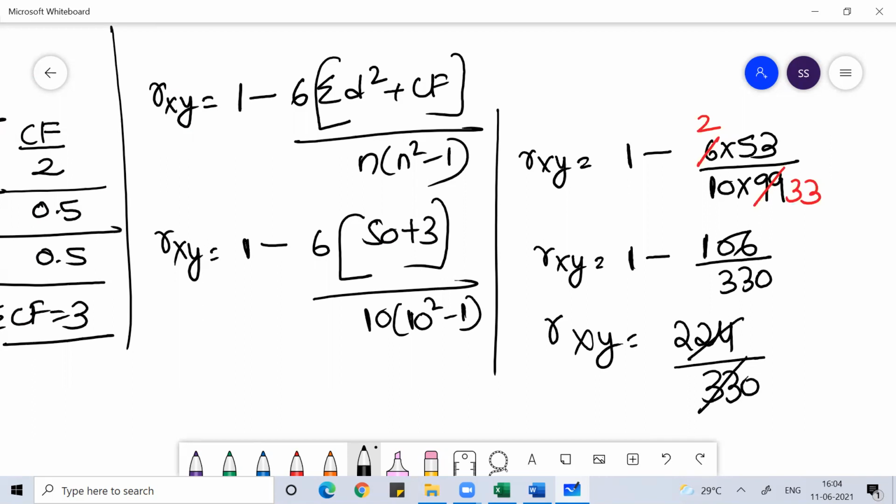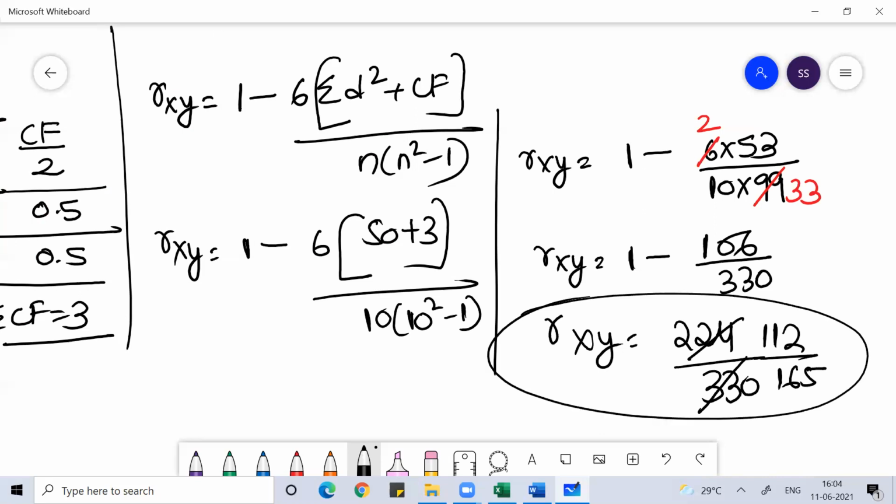So this is your R value. It is 112 by 165, and you can find the R value from this. Clear? Anyone, any doubt?